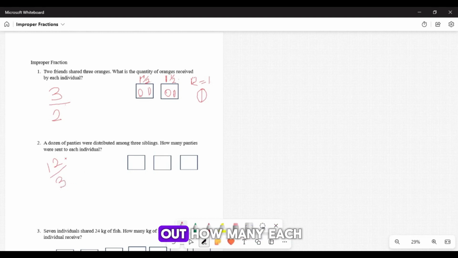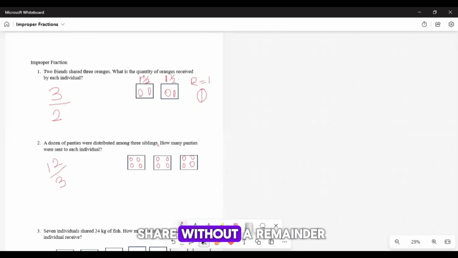So this is the divisor, which is 3 people: the first person, the second person, the third person. You take 1 and give it to this person, 1, 2, 3, and you keep sharing, 4, 5, 6, 7, 8, 9, 10, 11, 12. Now we're able to share without a remainder. So each person will receive 4 of the panties.